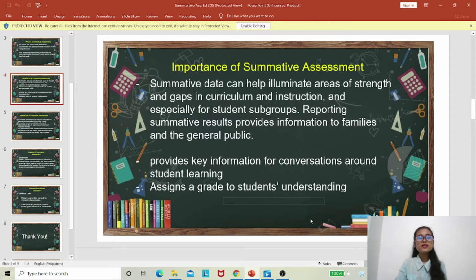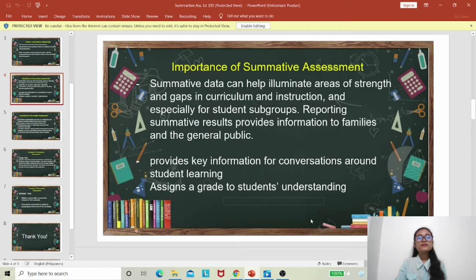Summative data can help enumerate areas of strength and gaps in curriculum and instruction, and especially for student subgroups. Reporting summative results provides information to families and the general public.